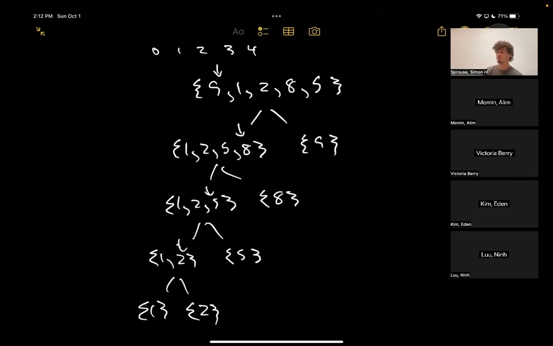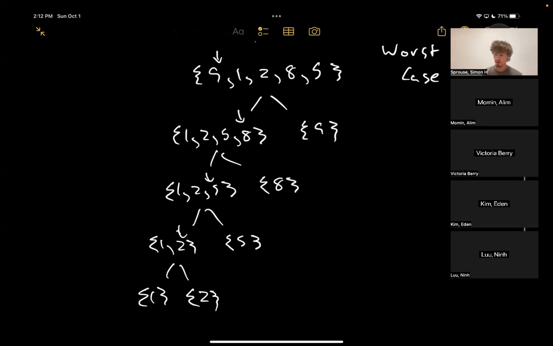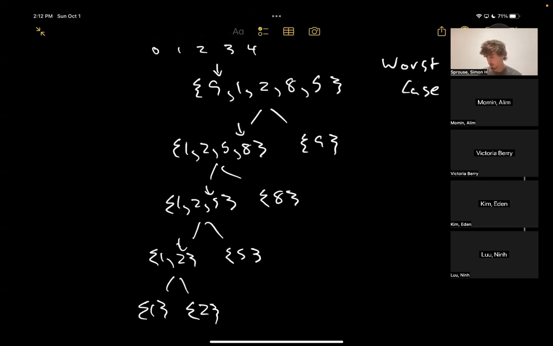So right away, it becomes clear that where you choose this pivot point is going to drastically affect the performance of this algorithm. Specifically, this is known as the worst case. So in the algorithm, if you pick the worst pivot point consecutively over and over again, you have reached the worst case.